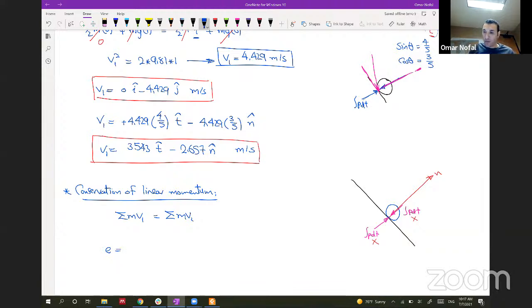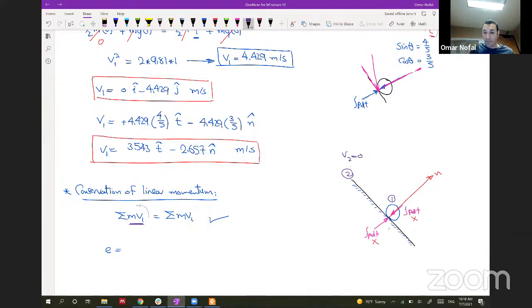Why do we do this? Because we know that this surface is not going to move. But if this body is hitting another body here and that one is going to move, you will have to apply this equation. But right now we know that if this body is 1 and this body is 2, you definitely know that V2 is equal to 0, even before or after. So you can apply this equation if you want.